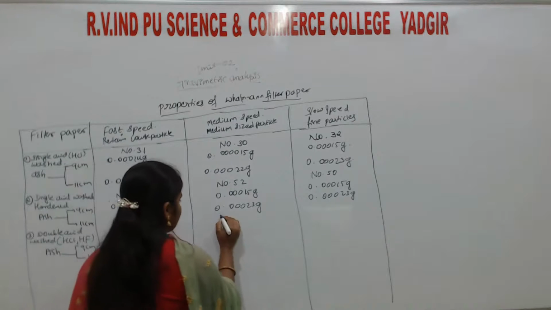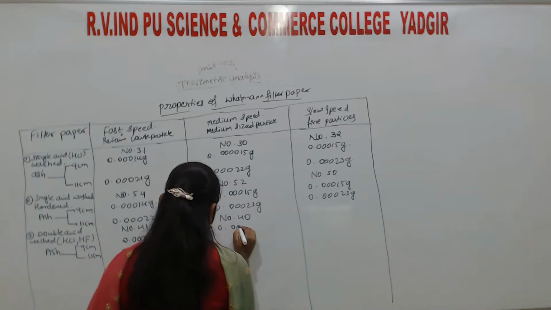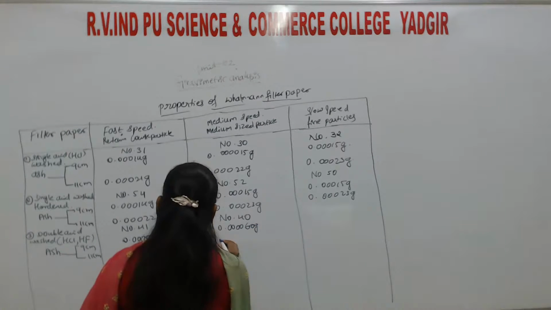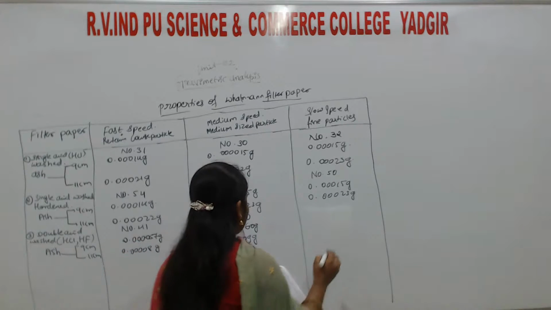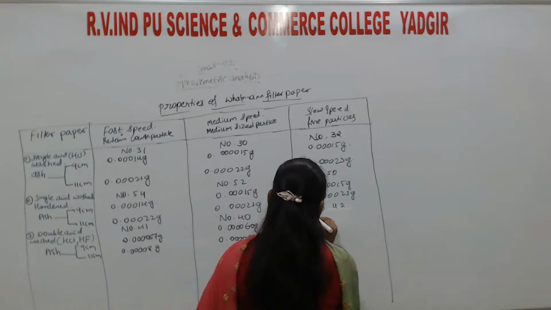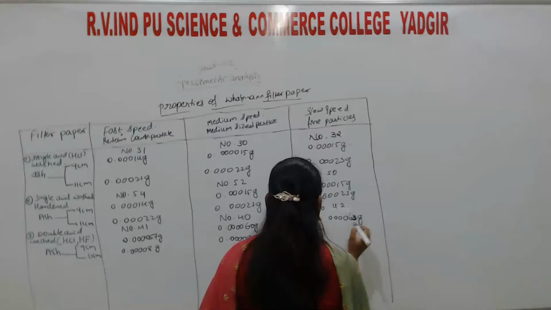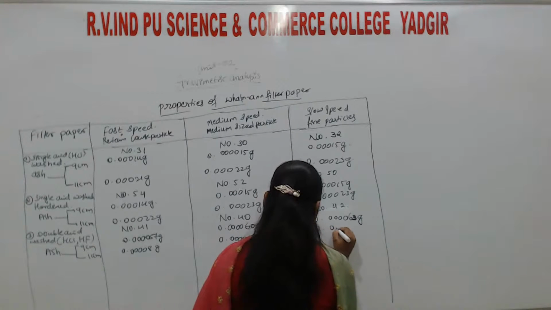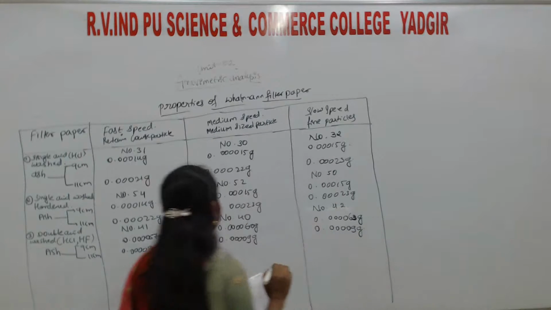Number 40 has ash of 0.460 gram and 0.409 gram, and another number 40 has 0.4063 gram and 0.409 gram.